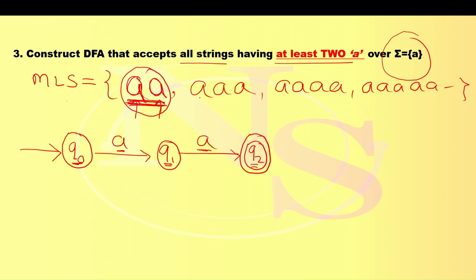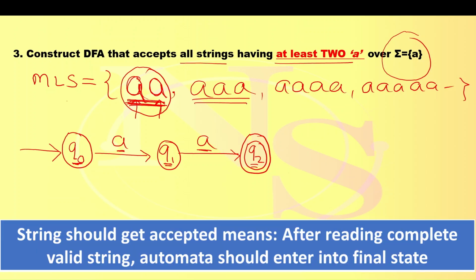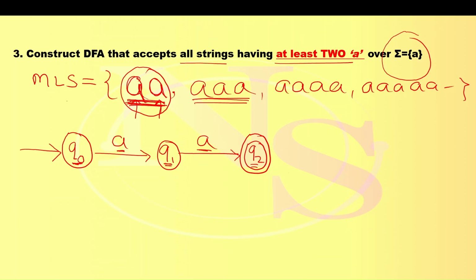After this, the next valid string is triple A. Hence, it should get accepted by the DFA. It means after reading this triple A, automata should go into the final state. If I write this triple A like this, the first A will be read by Q0. The second A will be read by Q1, reaching Q2.